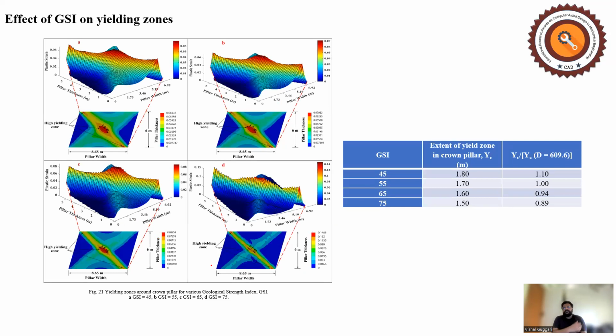The effect of GSI on the yielding zones, as you can see from the figure, is that the extent as well as the magnitude of the yield zone is reducing as you increase the GSI.